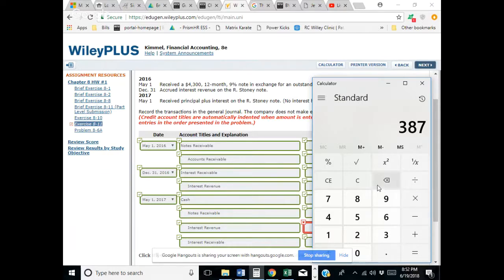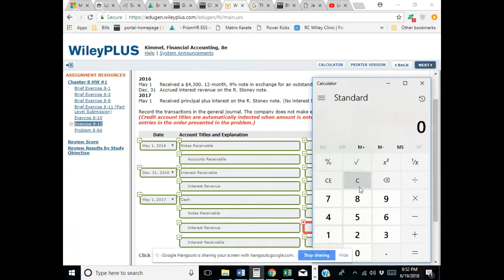They took out the loan on May 1st and we accrued the interest on December 31st. That's 8 months, so we multiply 387 by 8, which gives us 3,096, then divide by 12 months, which gives us $258.